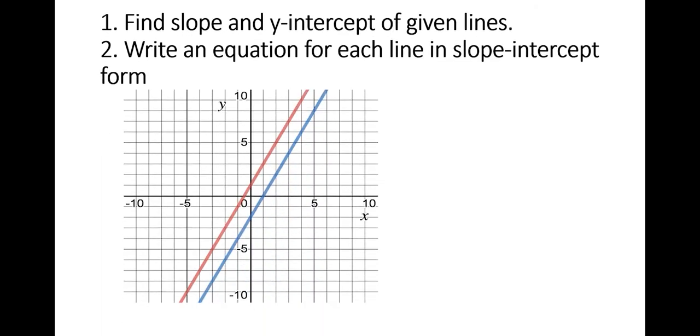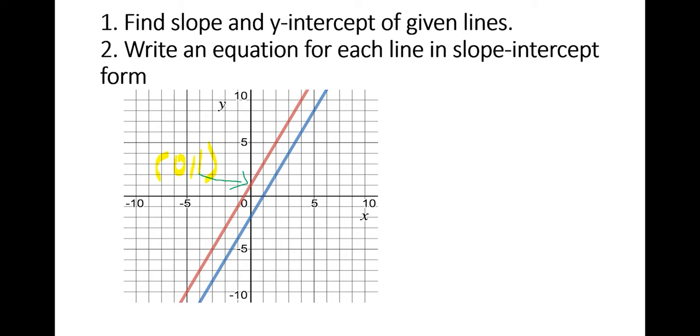So in this example, we are going to find the y-intercept of the red line. You can see the y-intercept is (0, 1), and we are going to find the slope, which is rise over run.